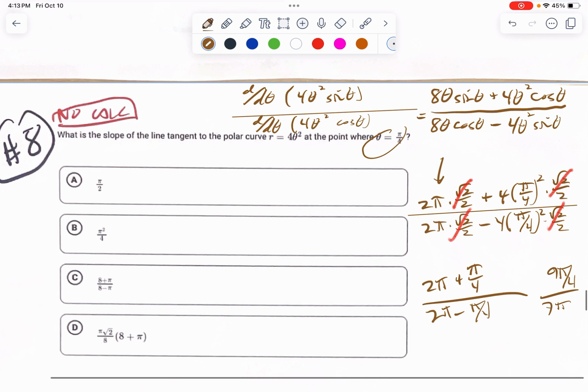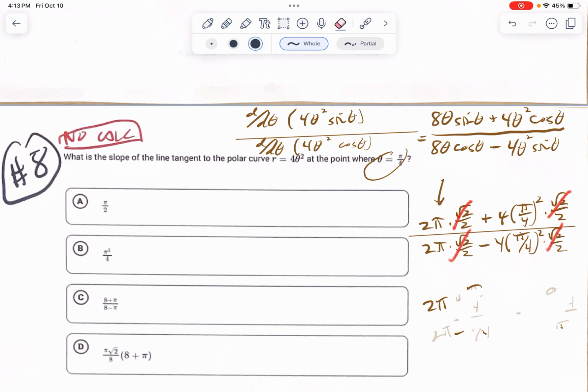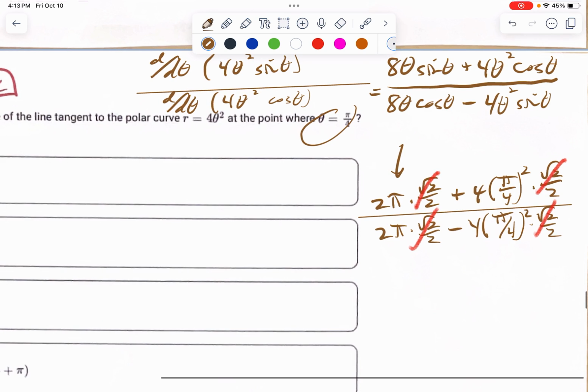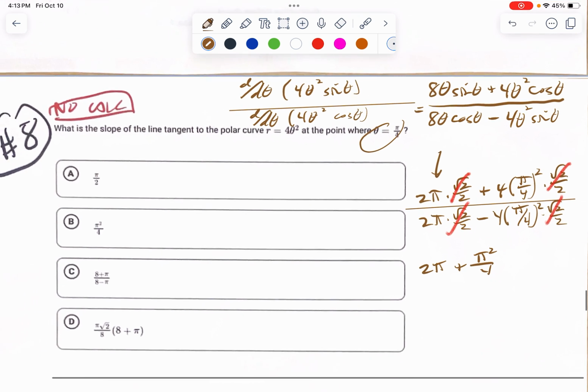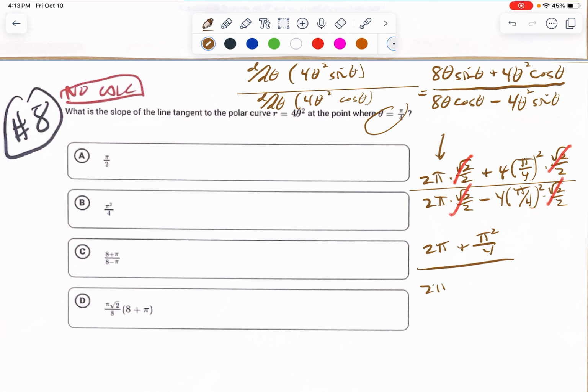Oh, where did I do something dumb? Give me a second. Oh, it's pi squared. Sorry. So we have 2 pi plus pi squared over 4. I so much wanted those to be like terms that I forgot I had pi squared.